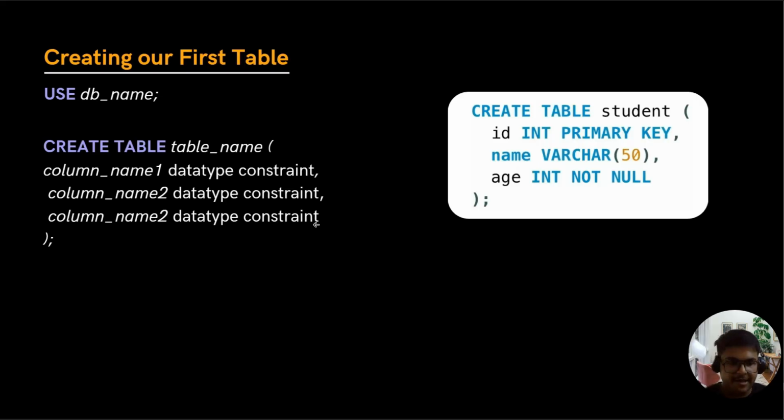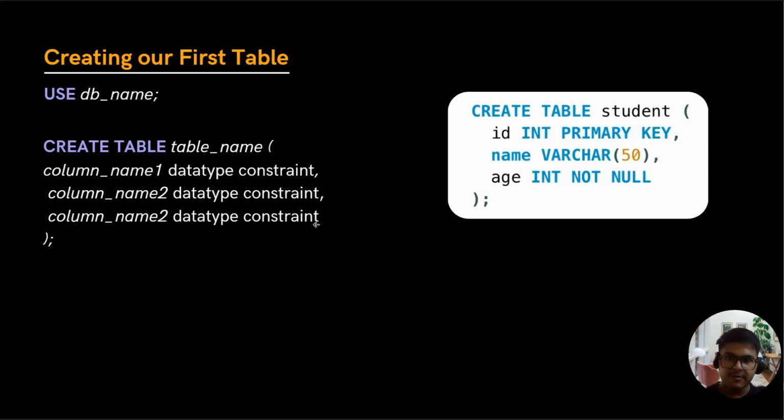So here again, as you can see, the create table, the light blue purple color, is the fixed part. Table_name is the variable part. And then we have to write the particular columns, which I have already told you: columns are vertical, rows are horizontal.